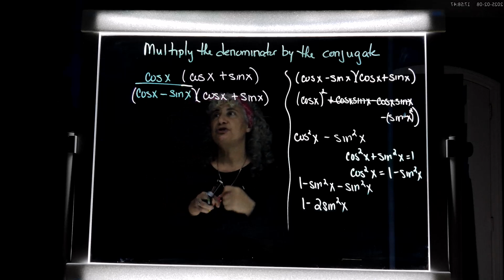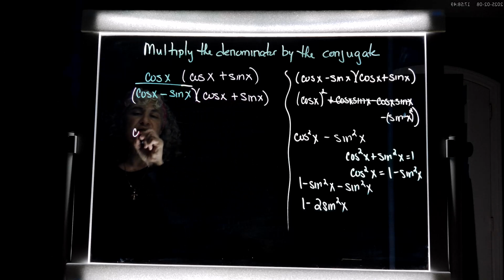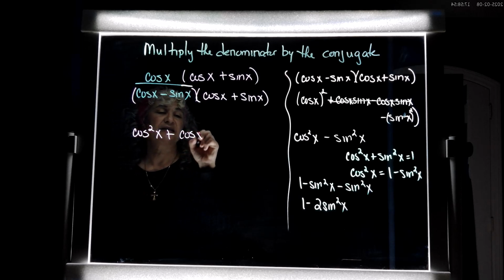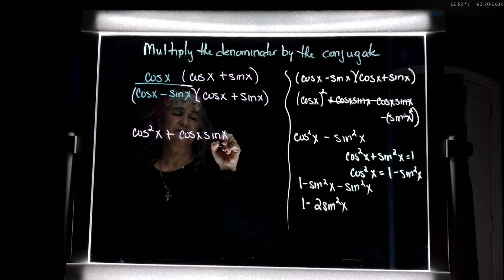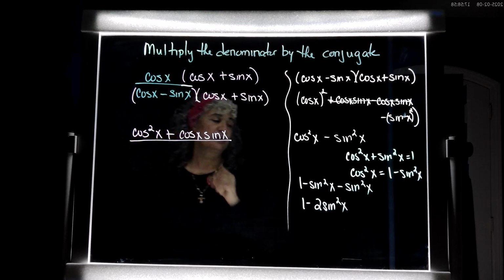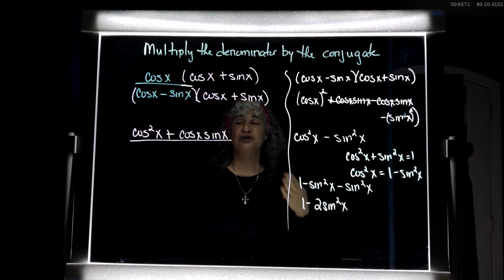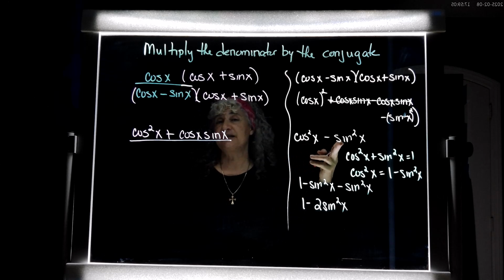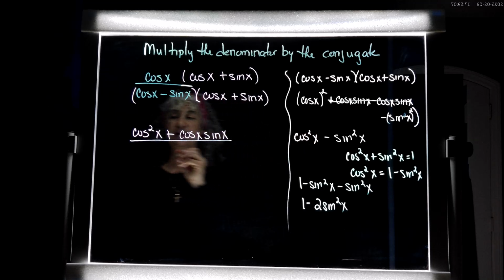The numerator, when you distribute, is just going to simply be cosine squared of x plus cosine x sine of x. Now in the denominator, depending upon your instructor, you may just simply write cosine squared x minus sine squared x, and that's fine.